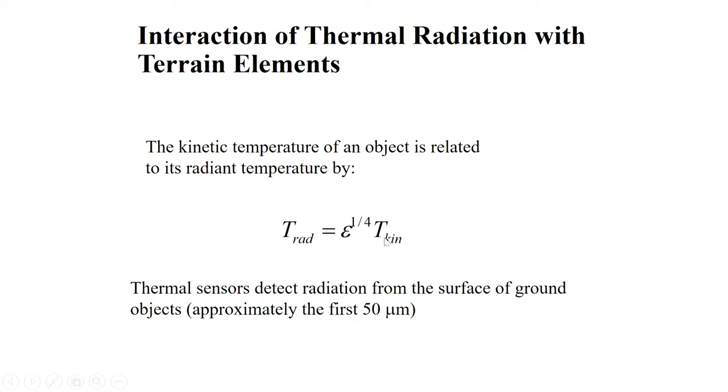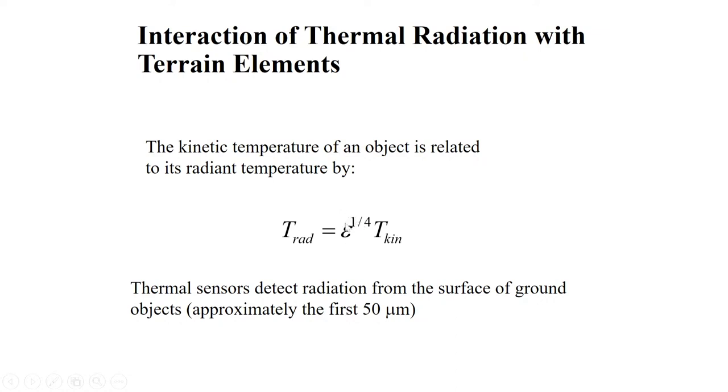It means that the radiant temperature of the surface will always be less than the kinetic temperature, because the radiant temperature, or the temperature sensed by the sensor, will be equal to the internal temperature of the object only if emissivity is equal to 1, and the emissivity is equal to 1 only for a black body.